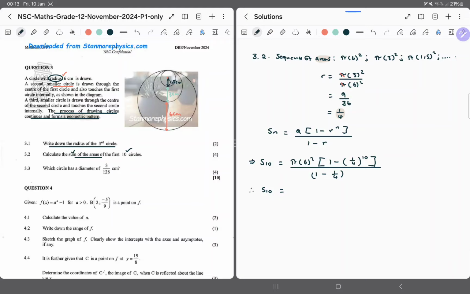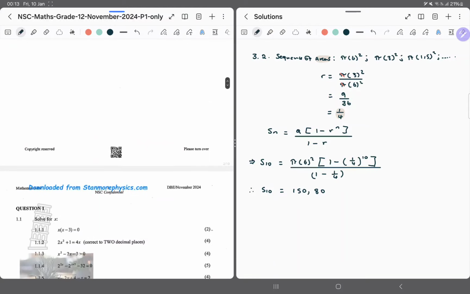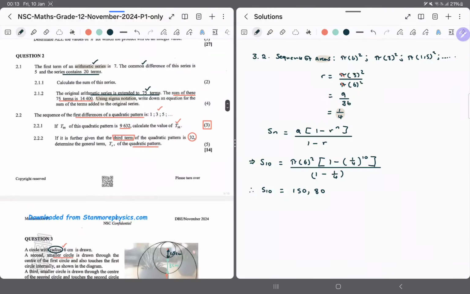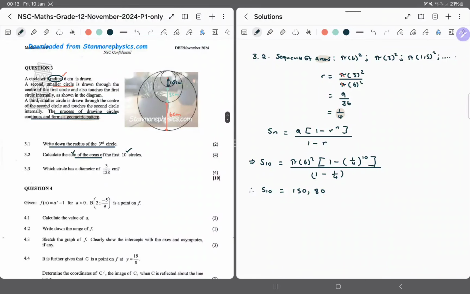So our calculators, guys, are very nice and friendly. So I'm getting 150, comma, now to 2 decimal places according to the general instructions, we will get 80. Remember, we need to maintain the general instruction. We can't jump it. It's 2 decimal places unless otherwise stated. So we have to maintain these 2.